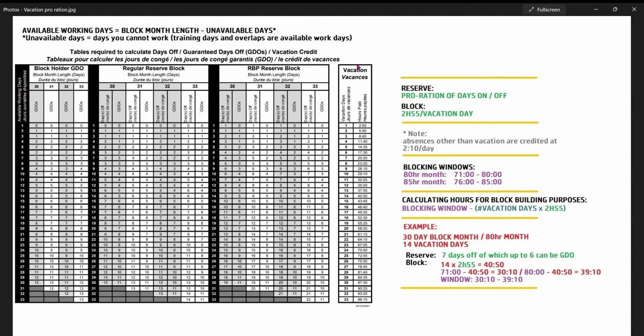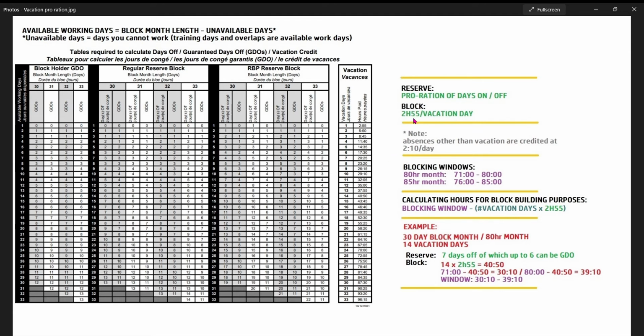And in this column you have what vacation is credited as when you have a block. So 1 day of vacation will be 2 hours and 55 minutes per vacation day. So 1 day, 2 hours and 55 minutes, 2 days will be 5:50 and so forth.